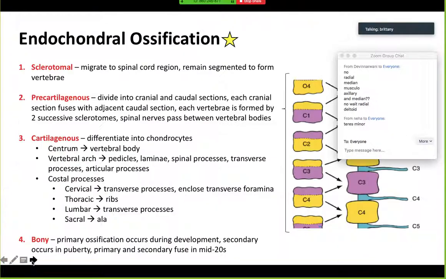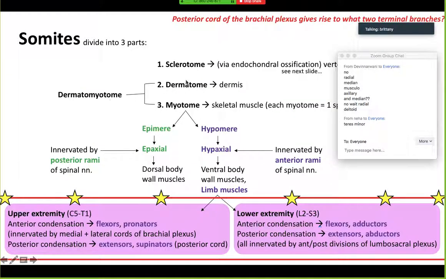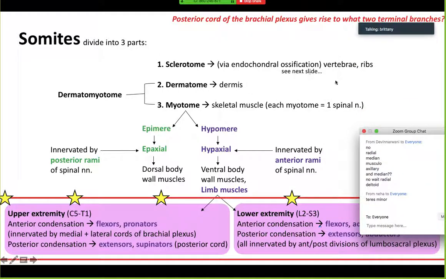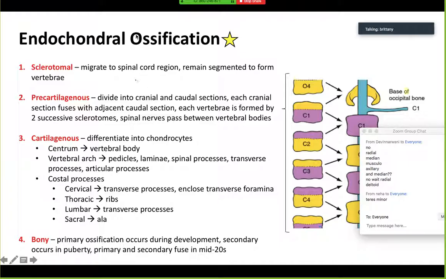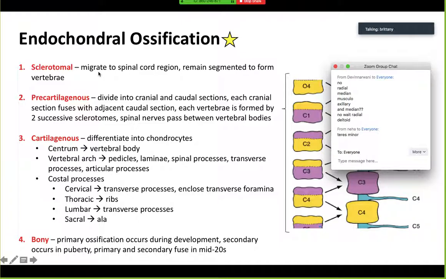Okay, so where this slide is coming from, your sclerotome via endochondral ossification is going to give rise to bony structures. And it does that through 4 different phases. So the sclerotomal phase, basically the sclerotomes are migrating to the spinal cord region and they're remaining segmented.